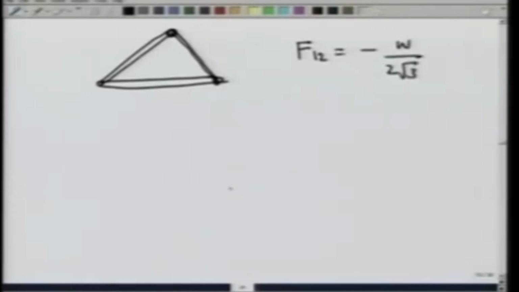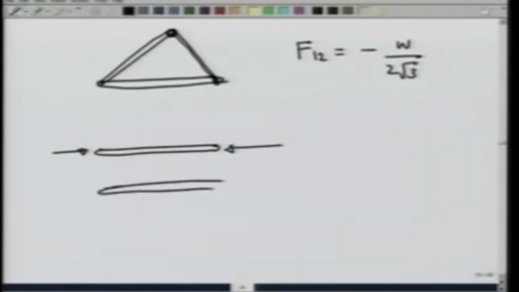What that means is that the direction that we had assumed for F 1, 3, that is, we had assumed it to be like this, the compressive force, is actually not so, it is a tensile force, that is the rod F 1, 3 is being pulled in this manner with force W over 2 root 3.